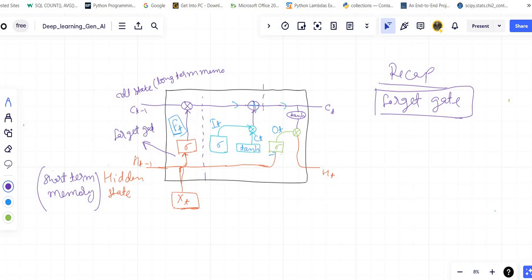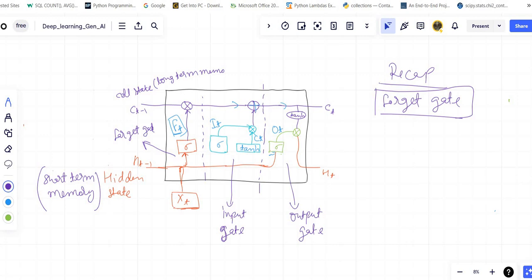And when you are seeing this part, this is here your input gate. Okay, and this third section here, this part is your output gate. So what is this input gate made of?